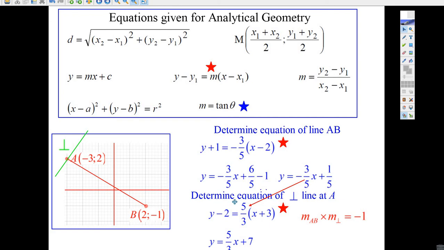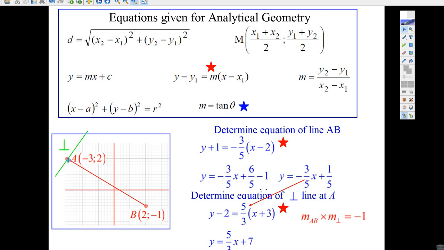What if they said, determine the equation of a perpendicular line right at that point A? That green line is 90 degrees, say. Well, perpendicular means the gradients multiply to equal -1. So all you do is turn it upside down and change its sign. And then it would multiply to equal -1, the gradients. So there's the gradient we put in.